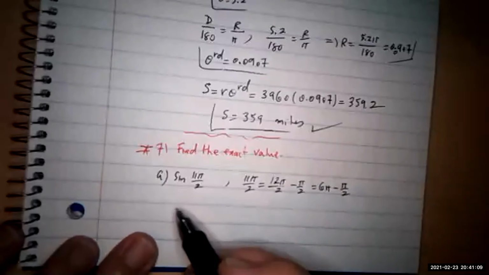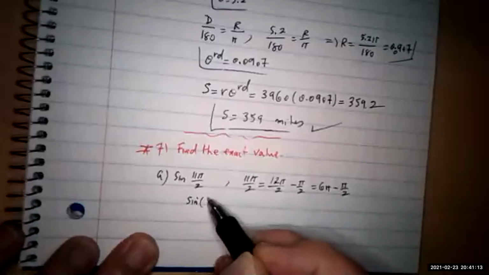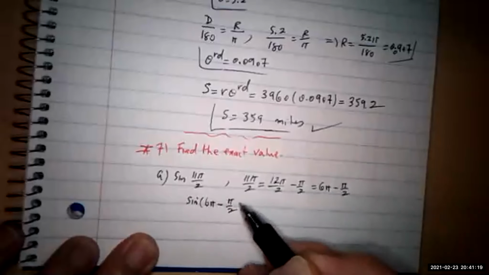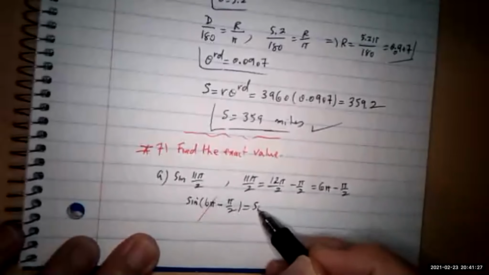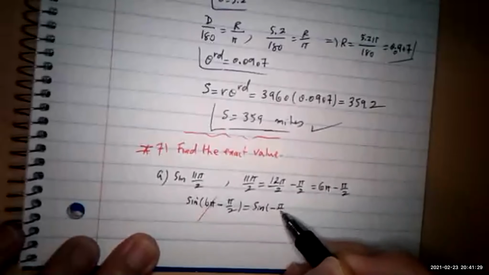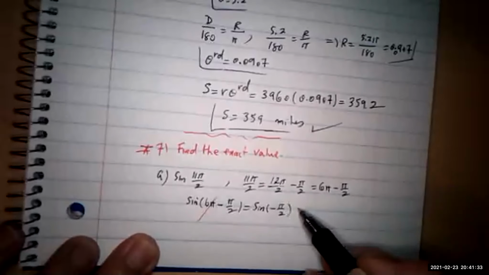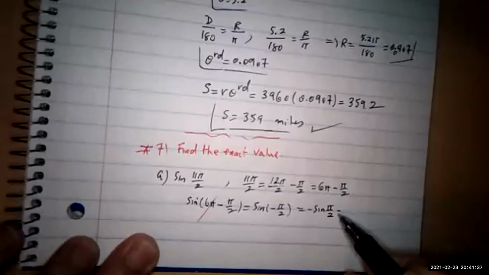So it's the sine of 6 pi minus pi over 2, and you can forget about the 6 pi because it repeats itself. That gives the sine of negative pi over 2. Sine is an odd function, so you can pull out the negative: negative sine of pi over 2, which is -1.